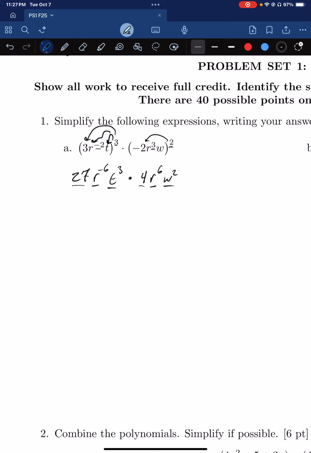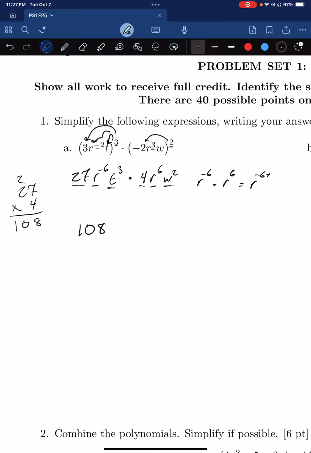27 times 4 is 98, maybe? I don't know. Let me see. 8, 9, 10, 108. Oops. 108. And then r to the negative 6 times r to the 6. When we're multiplying two things that have the same base, we just add their exponents.